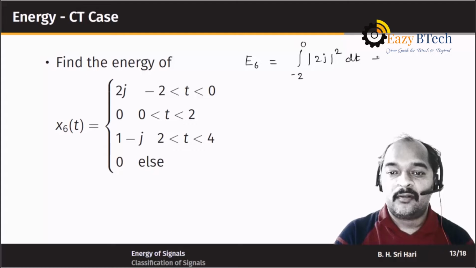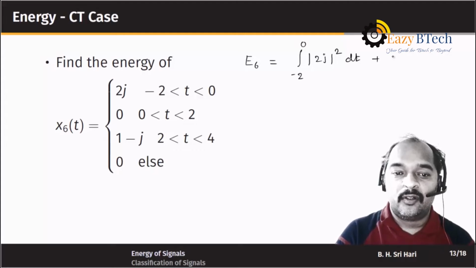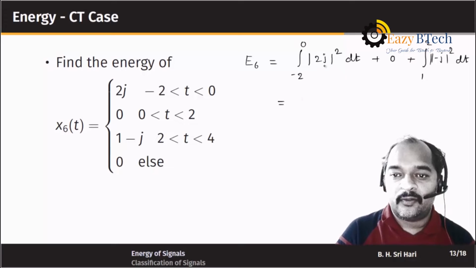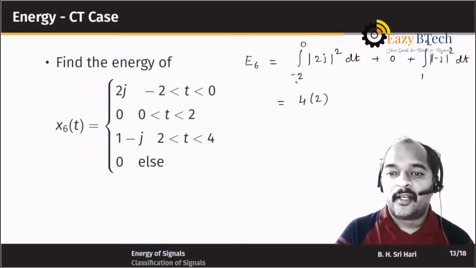Modulus of 2j whole square, plus between 0 and 1 the amplitude is 0, and hence we write 0. And again from 1 to 2 the amplitude is 1 minus j; we should take the modulus whole square dt. So that simplifies to 2. So how much would this be here? This would be 4 times 2. Correct, so this is 4 times 2.